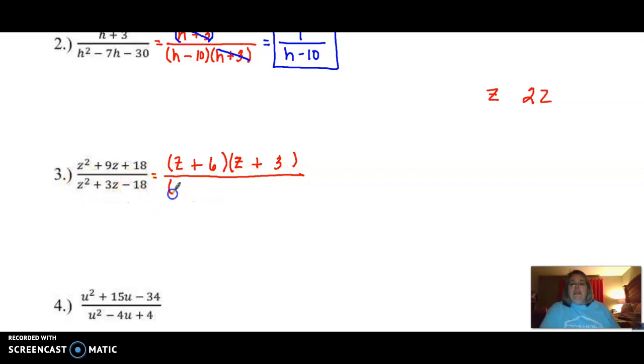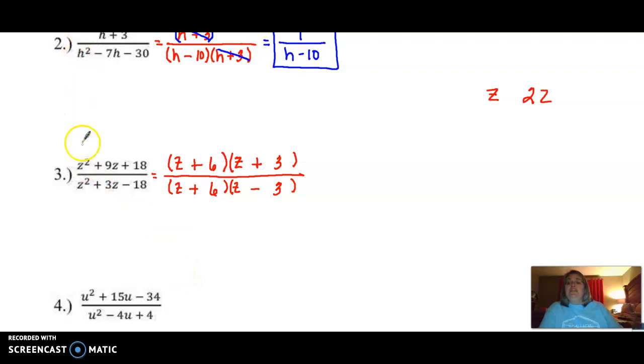Down on the bottom, we can also factor that with z and z. And now I need factors of 18 that will give me 3. Notice 6 and 3 will also give me 3 because this needs to be positive, but I need my 18 to be negative. So now I want my signs to be different. So my 6 is going to be a plus and my 3 is going to be a minus.